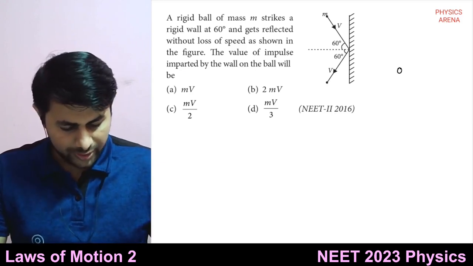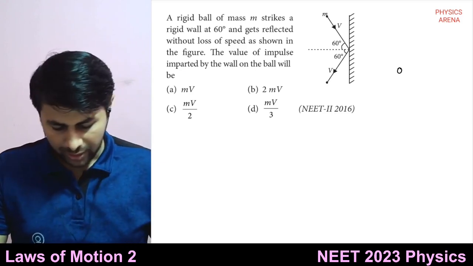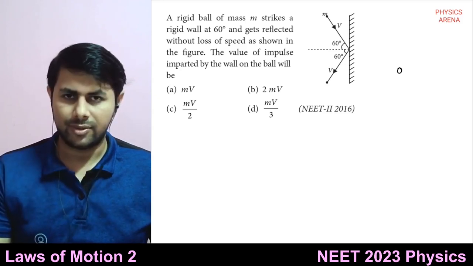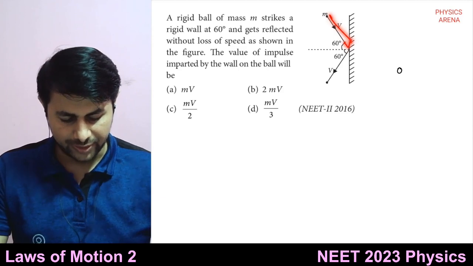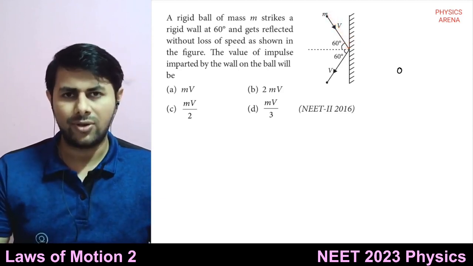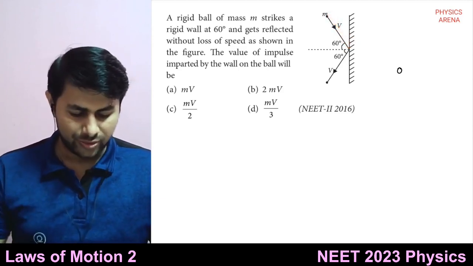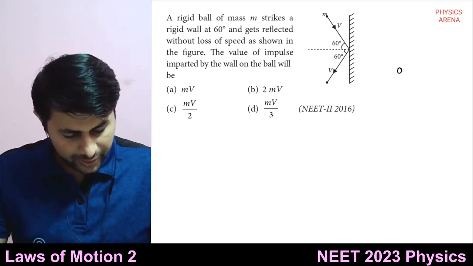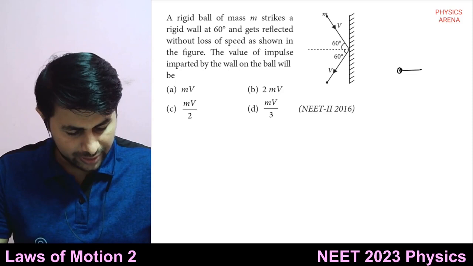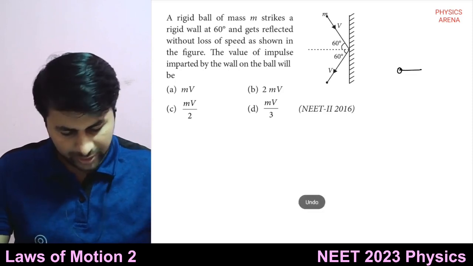So this ball strikes the wall. How much is its initial momentum? It is m times v. What is the direction? It's in this direction, so we can resolve it along two components. This kind of question has been repeated. Now how much would be this angle?